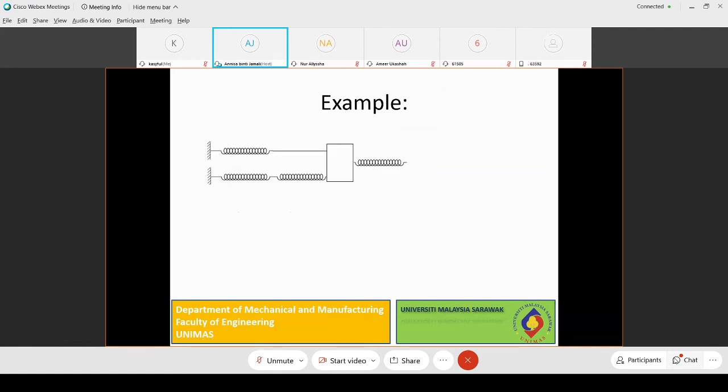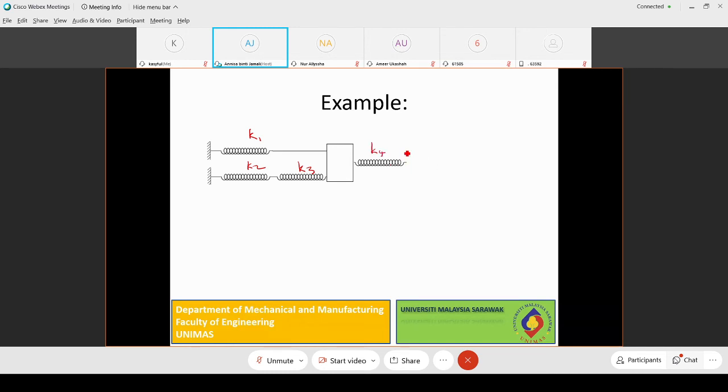Now let's have a look at the example here. Okay, let's consider this figure here, then we try to suggest what is the equivalent spring model for the system here. If you notice here, for the first example, we have K1, K2, K3, and K4.